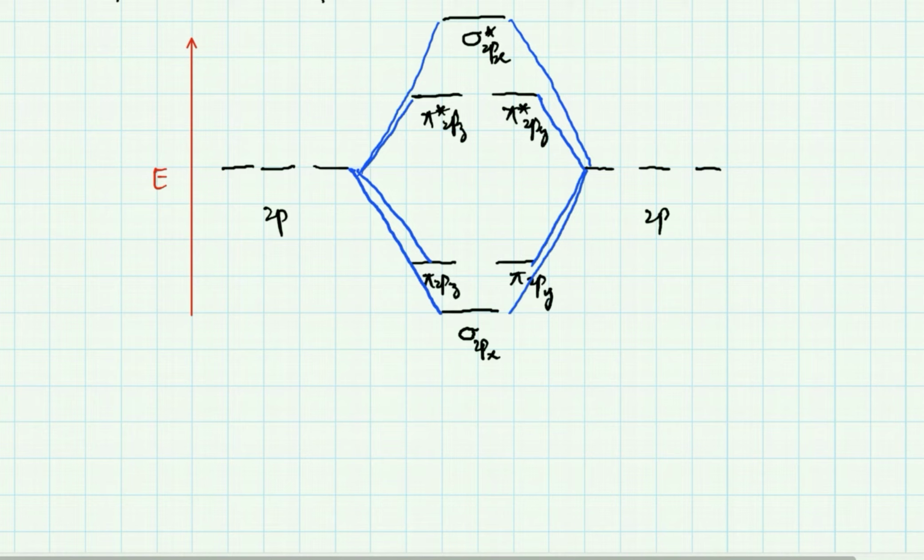So if we want to fill up the electrons, suppose we have another example like nitrogen.